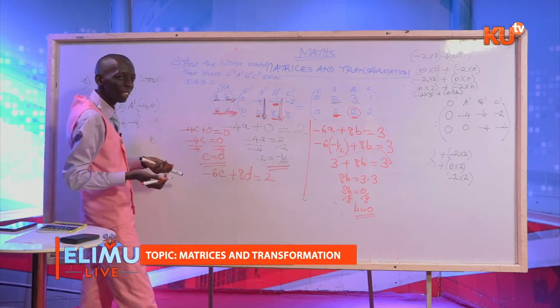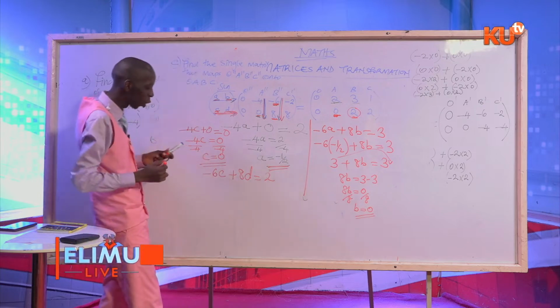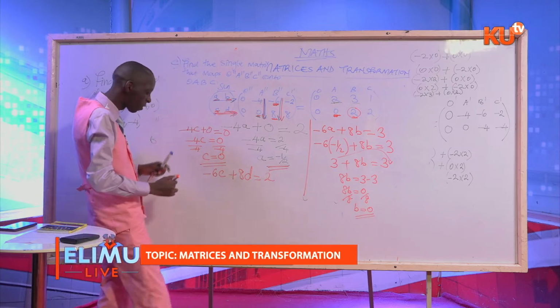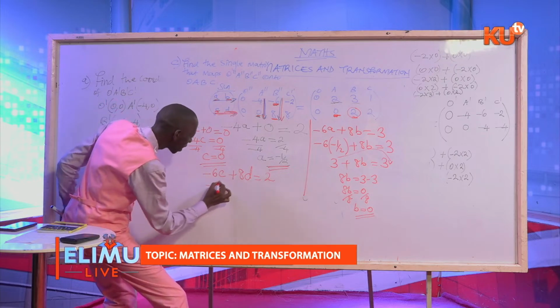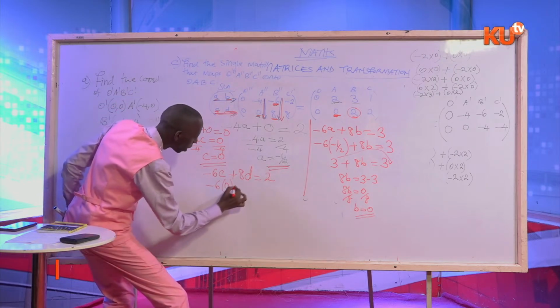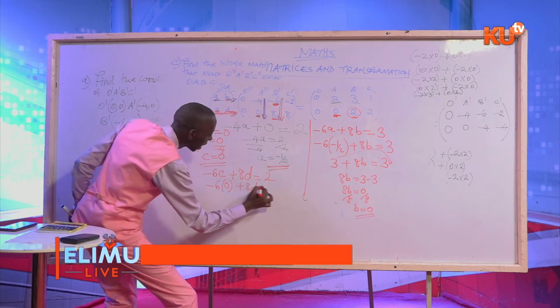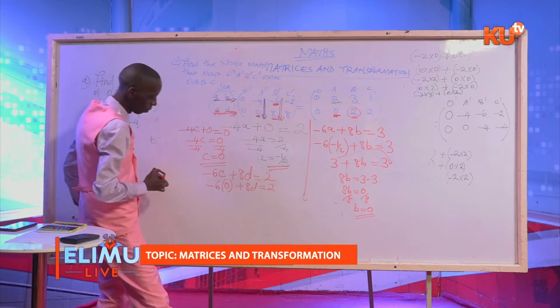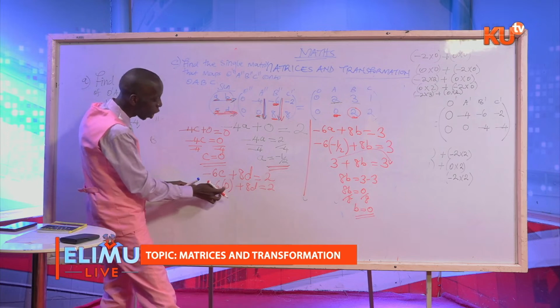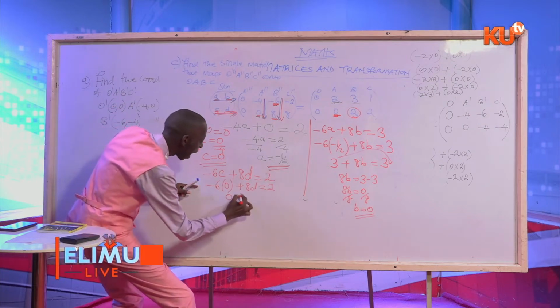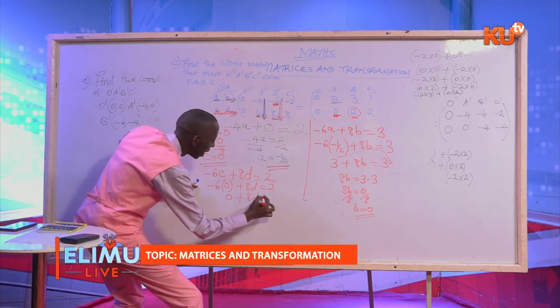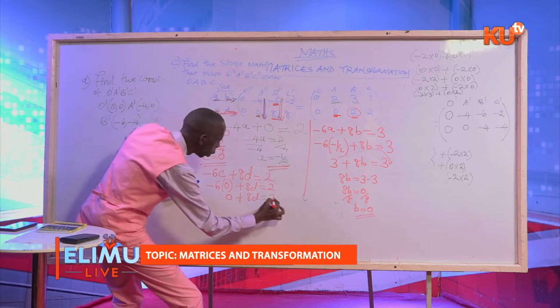Do we have C? I know you are responding back at home and saying, yes, teacher, we have C. And what is C? I know you have said it is 0. Yes. Negative 6 times 0 plus 8D is equals to 2. What is negative 6 times 0? I know you are saying back at home it is 0. 0 plus 8D is equals to 2.